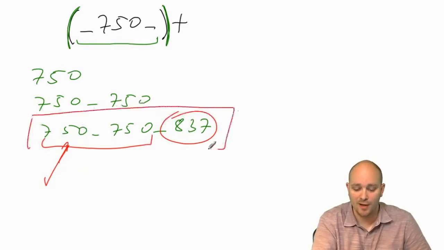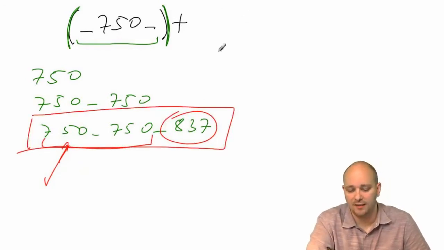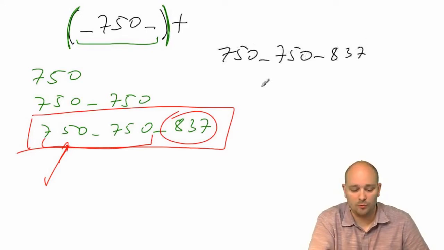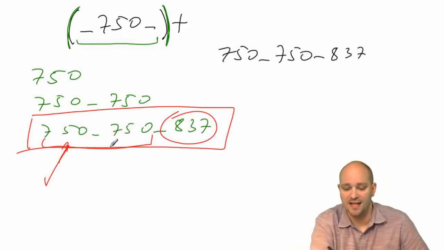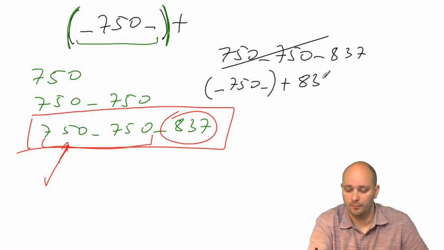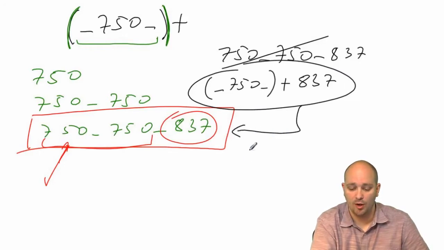Now, if we wanted to match this particular string here, we could write a regular expression that looks like this. But what if 750 appears 3 times? Then this fails. So we could write the same thing somehow like this. There we go. Now, this matching pattern here will match this.